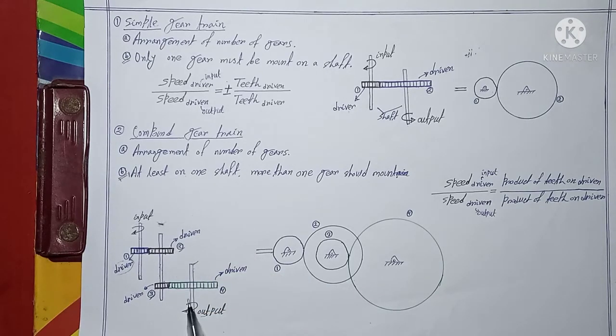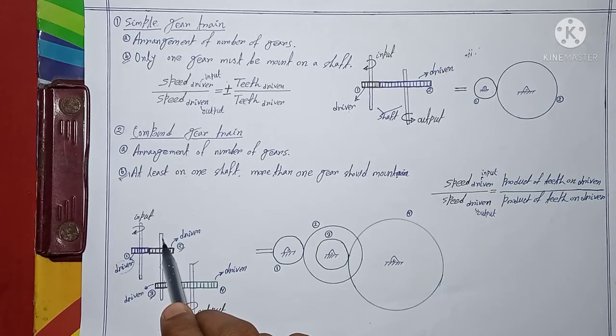But when we consider the couple of gear 3 and gear 4, in this case gear 3 acts as a driver and gear 4 acts as a driven, because whatever power is coming out from driver gear 1 goes to gear 2, and then gear 2 is coupled with shaft 2.